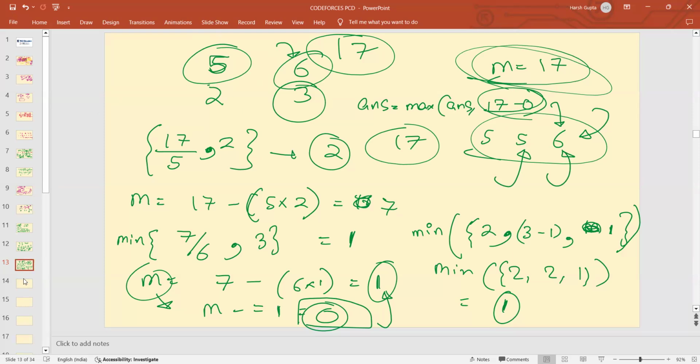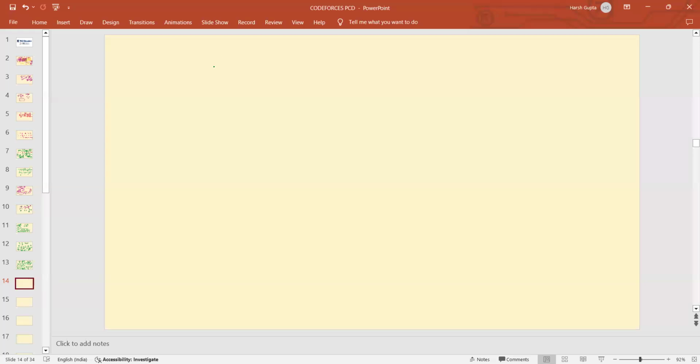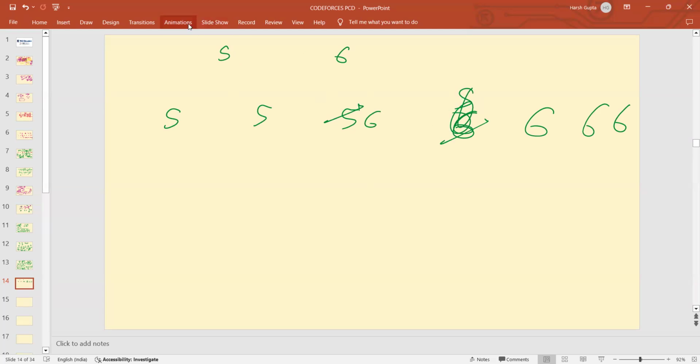And it was very easy to think of as well, because if there is a flower containing 5 petals and a flower containing 6 petals, you would have this type of combination: either a 6 will be replaced by 5, or a 5 will be replaced by 6. These are the only two possible combinations. Now greedily, first of all, I took all the 5s I can take.